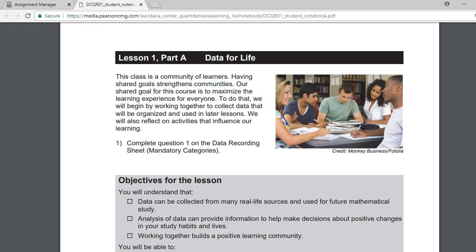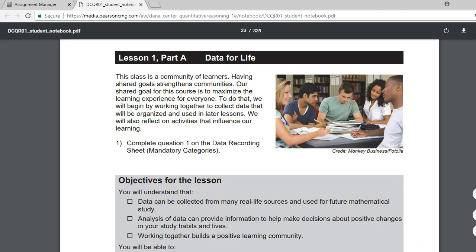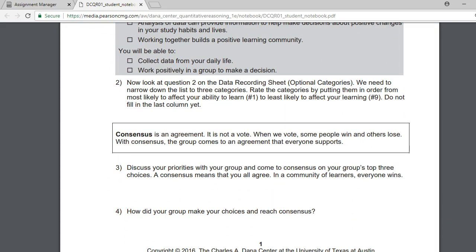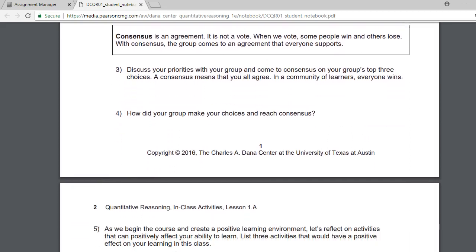So when I'm looking down this Data for Life lesson that we did in class, there's a word right off the bat, consensus. I would know what a consensus is and how you would obtain consensus, and it will help to think back to that class day and how you did it in your own groups or how you've done it in some prior groups.